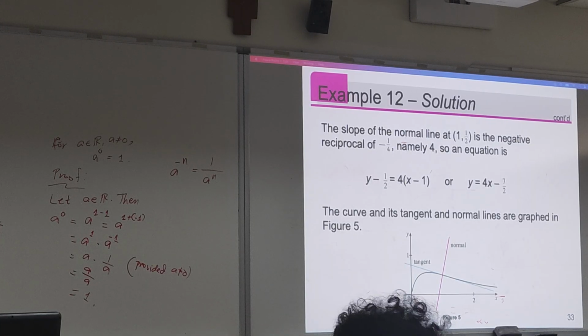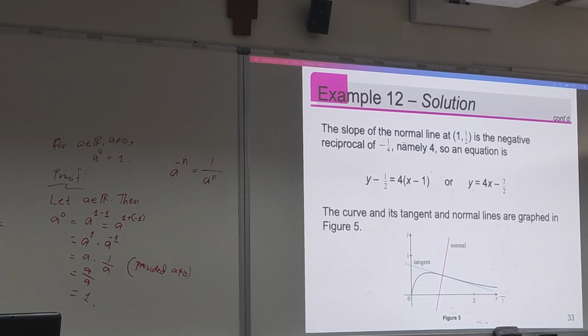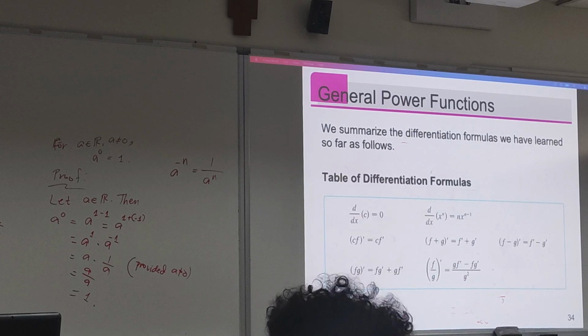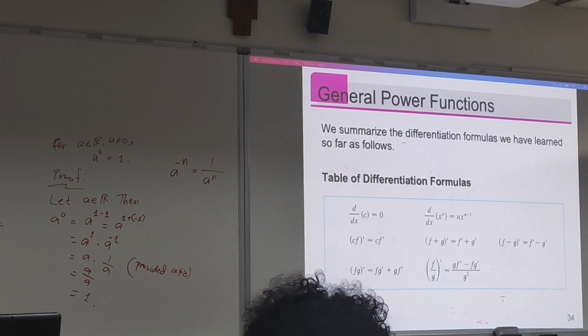So when we graph that one, this is your tangent and your normal line here, which is perpendicular, diba? Kung perpendicular siya, it's always the negative reciprocal of your first slope. So far, these are our formulas.